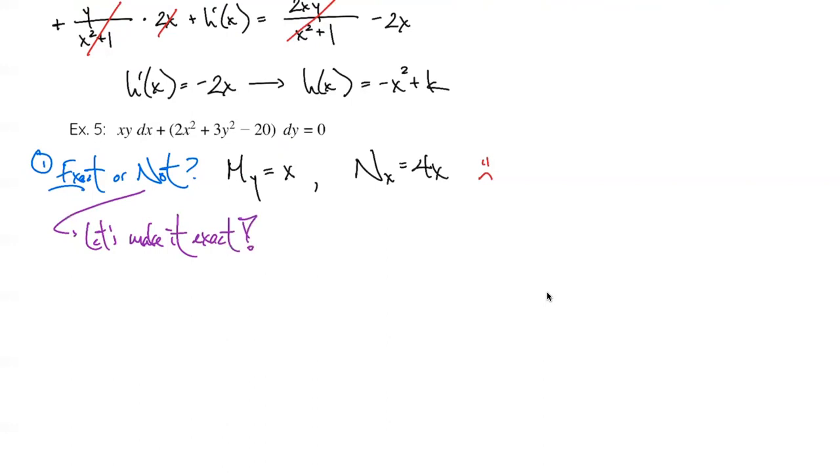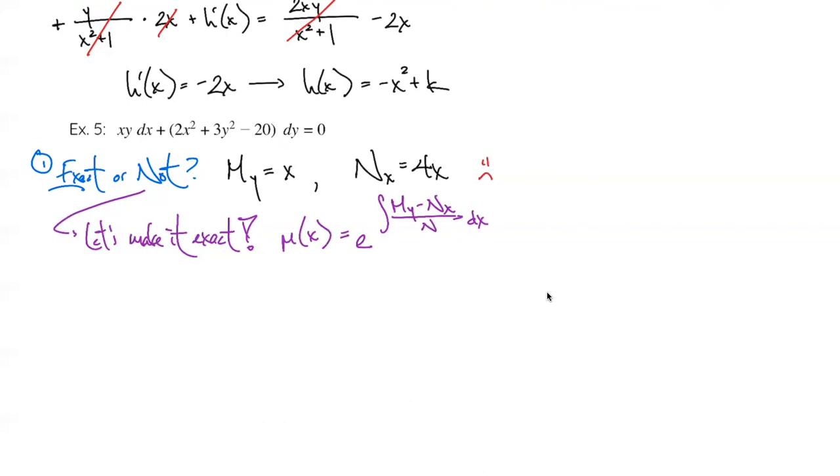We are going to use that magical mu function from yesterday. And we're going to define mu in a very specific way. Okay, so we're going to say that mu of x equals e to the integral of M sub y minus N sub x over N dx.